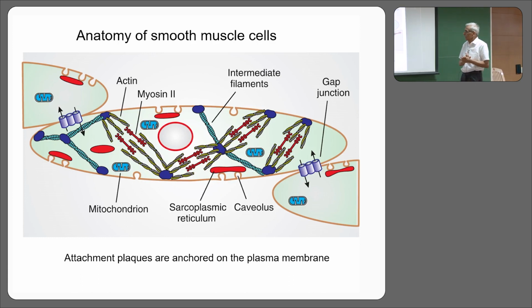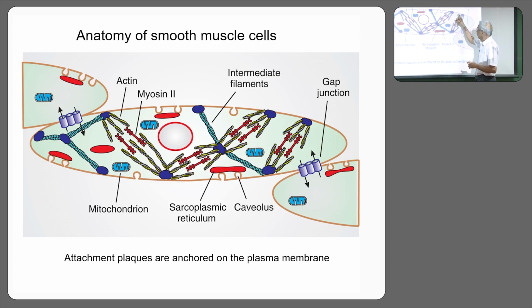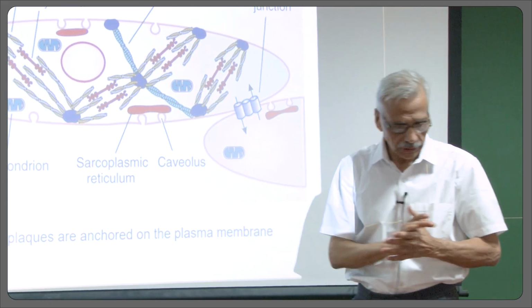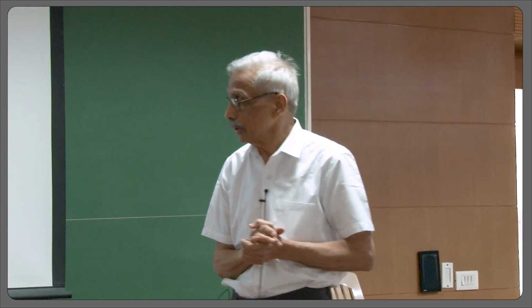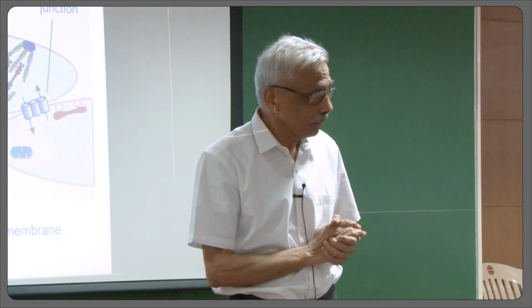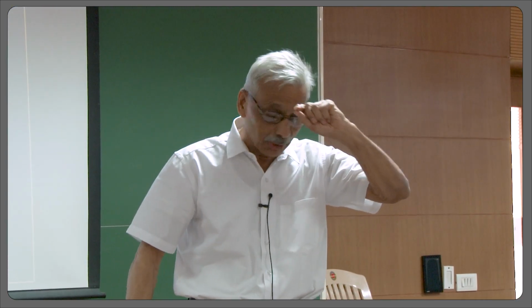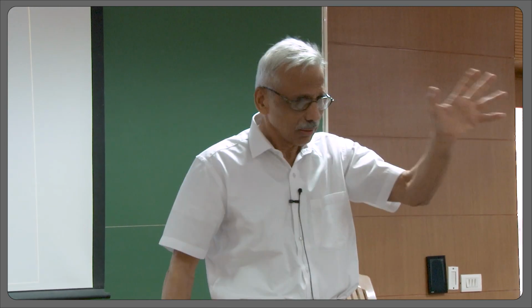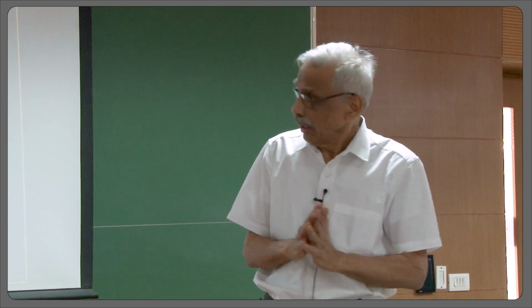Good. Second thing that I want to draw your attention to is these dark blue bodies which are seen in several places. You will call them dense bodies. A dozen or more, I am sure much more than dozens, different proteins come together and form this.